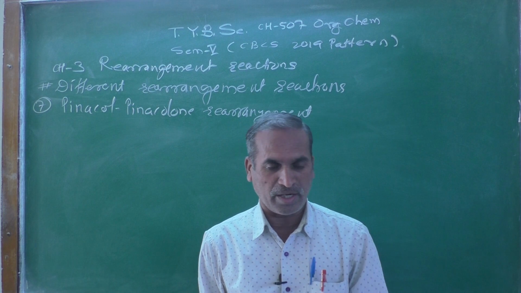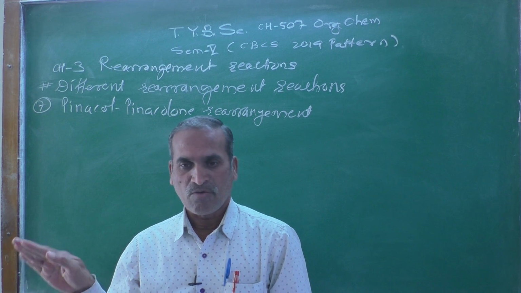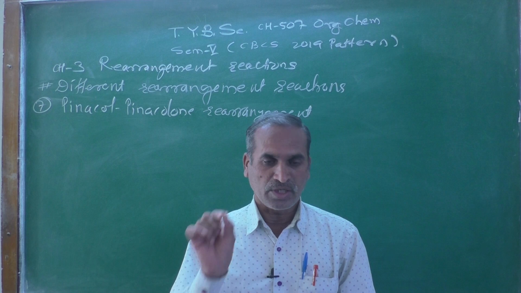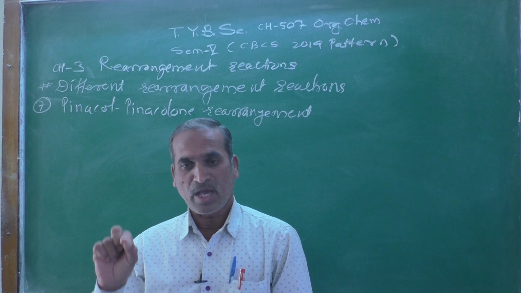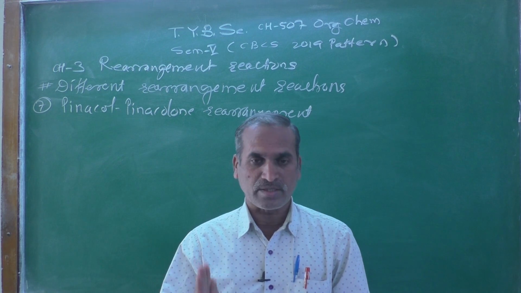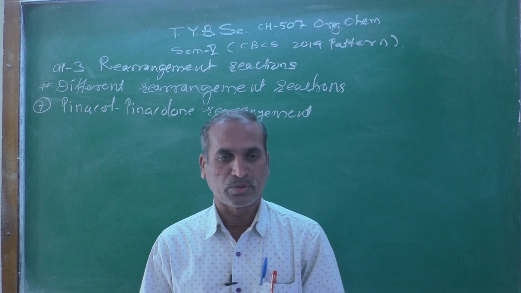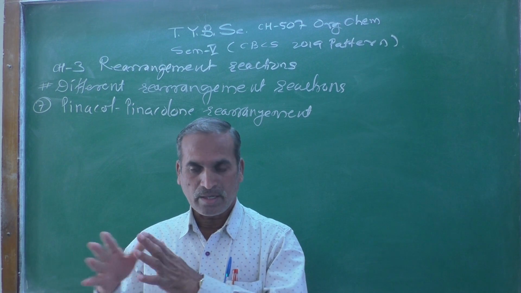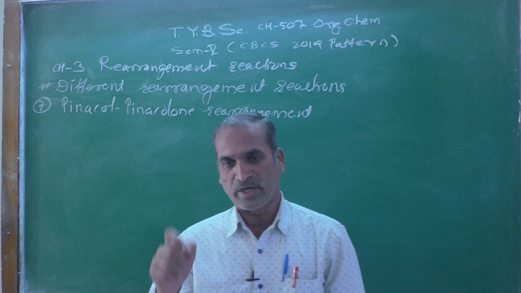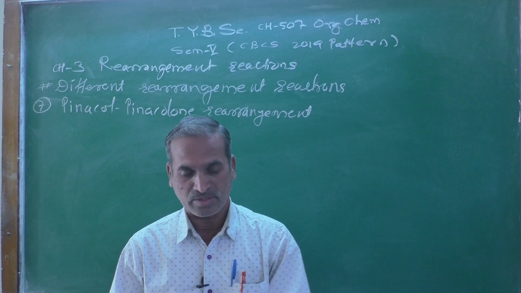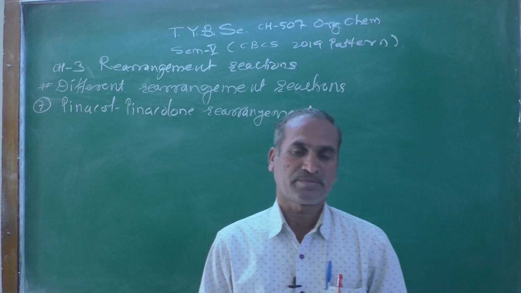After the rearrangement, whatever end product is obtained or formed is generally a ketone, and that's why it is known as pinacolone. The suffix -one indicates there must be a carbonyl group, and that's why the end product of this rearrangement is pinacolone, and it is called the pinacol-pinacolone rearrangement reaction.